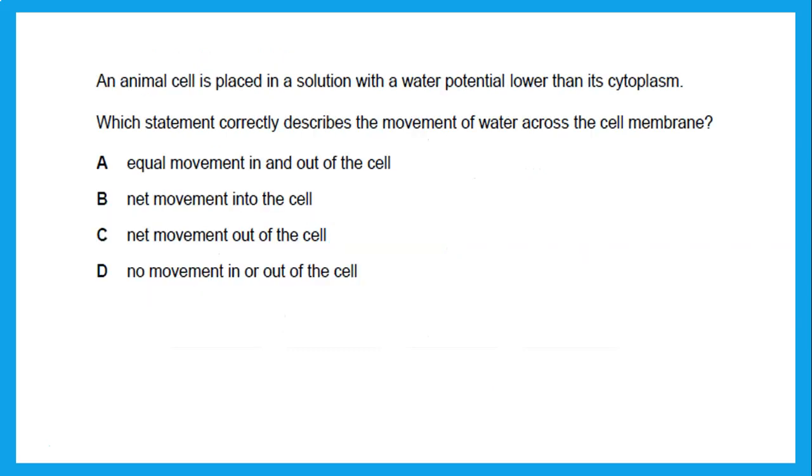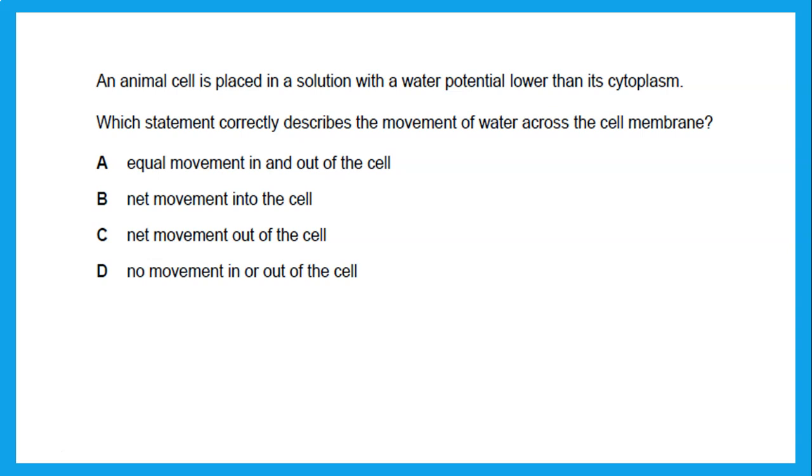An animal cell placed in a solution with water potential lower than its cytoplasm. Remember, lower water potential means more concentrated solution. So I'm putting my animal cell into a concentrated solution, concentrated salt solution, for example. Which statement correctly describes the movement of water across the cell membrane?